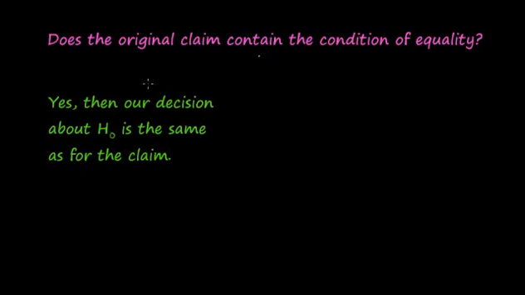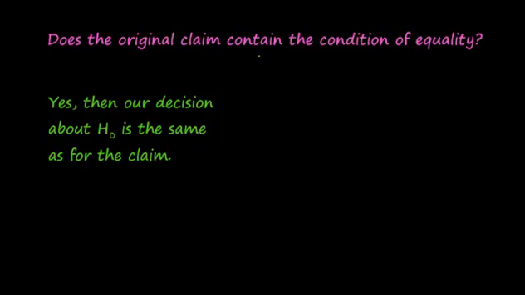So let's just go through this a little bit and think about it. If we say yes to this question, yes, that the original claim does contain the condition of equality, then our decision about the null hypothesis is the same as our decision about the claim, because they correspond. So if we reject the null hypothesis, we're rejecting in essence the claim. If we fail to reject the null hypothesis, we fail to reject in essence the claim.